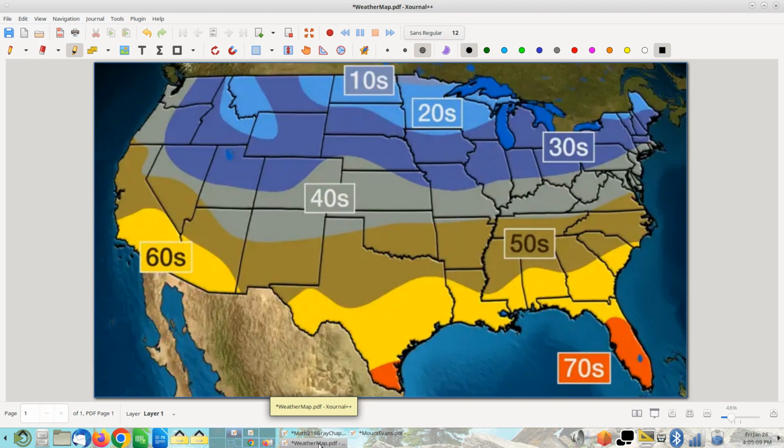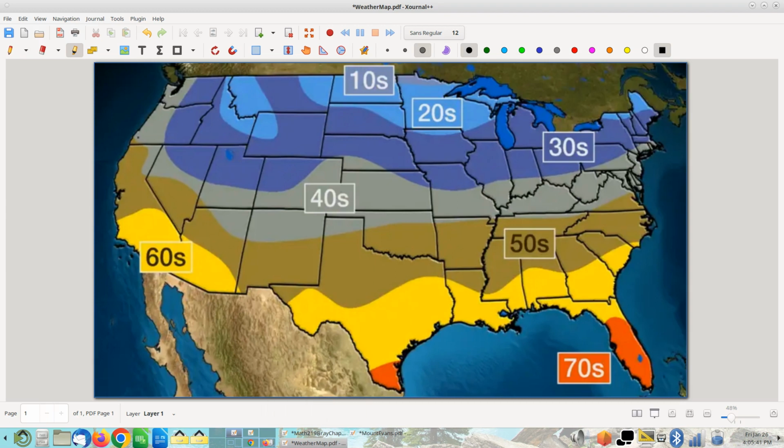But if you don't have that, and if you're just looking at television, for example, and they're trying to describe the weather, they might draw a picture like this, and all of this kind of light brown section here, all the locations in this light brown section, the temperature is in the 50s, some 50 to 59 or whatever. And then likewise, these yellow ones are all in the 60s, and these gray ones are all in the 40s, etc. So I claim there's a level set. There's actually several level sets in this picture.